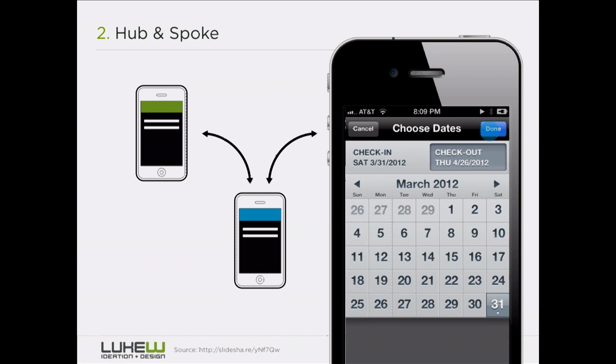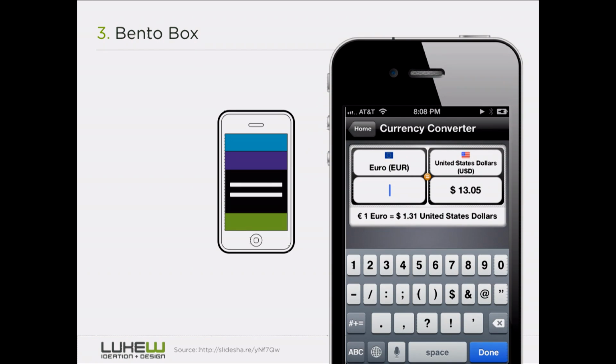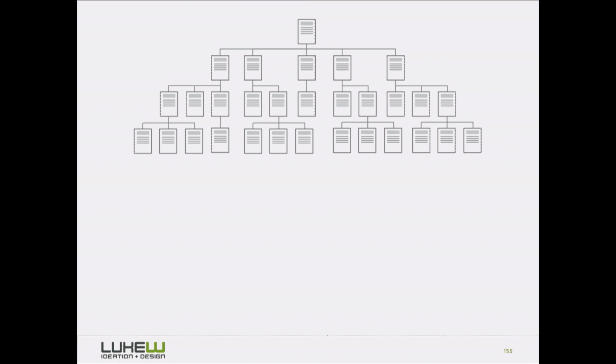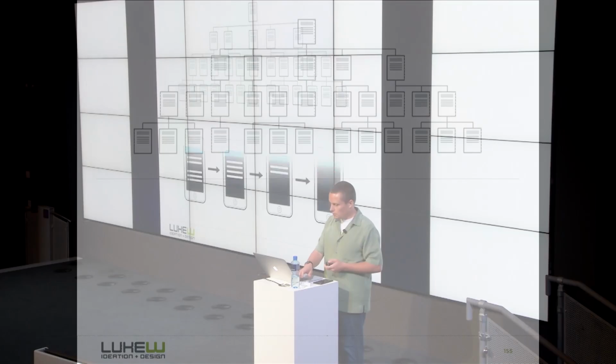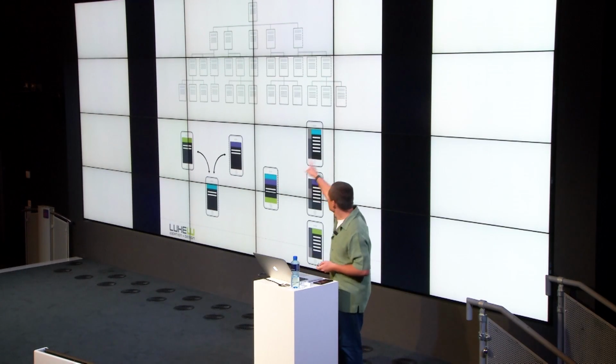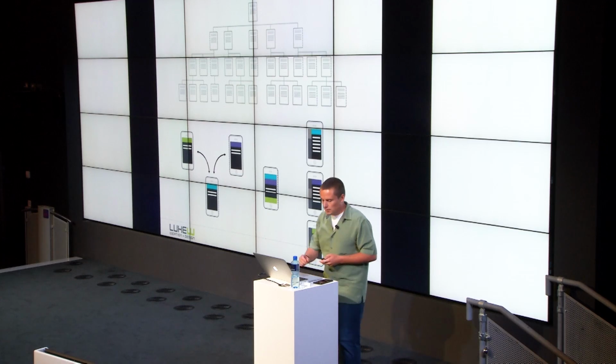There are bento box patterns, filtered view patterns, and a couple other patterns in there, which are all around how on a small screen you can allow people to go deeper and find the things they're looking for. So as you can see, there's a lot of different ways to crack this kind of nut on the small screen.